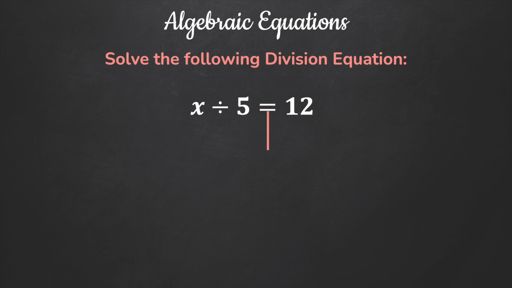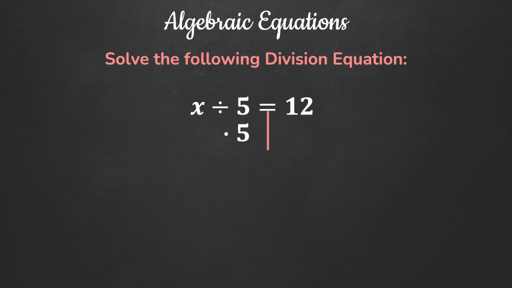On the left side, we have x divided by 5, and on the right side, we have 12. And because our goal is to get x by itself, we want to get rid of the fact that x is being divided by 5. And to undo the division, we're going to go ahead and multiply because those two will cancel each other out.